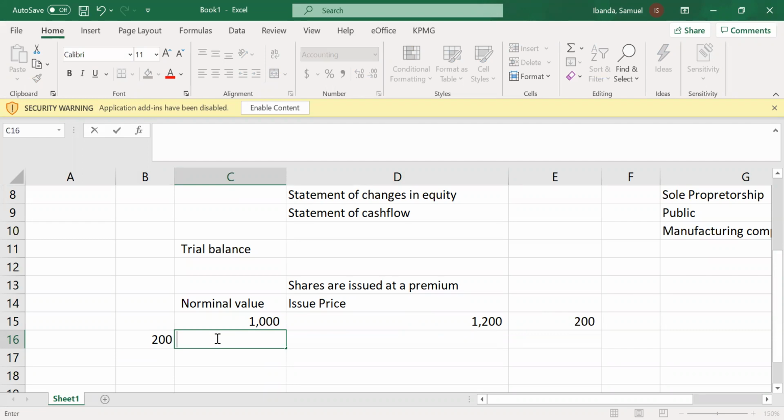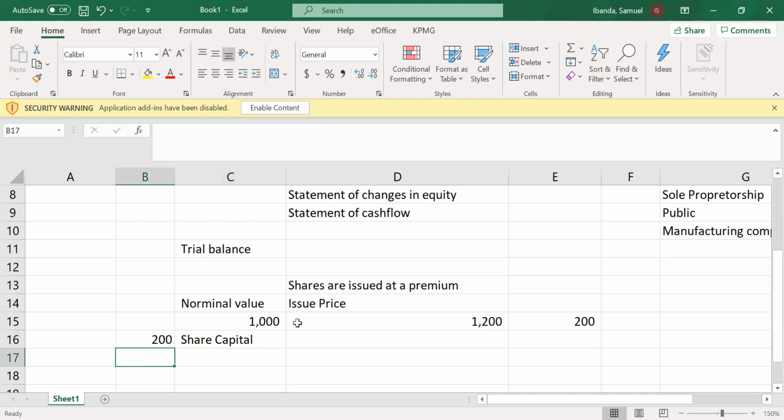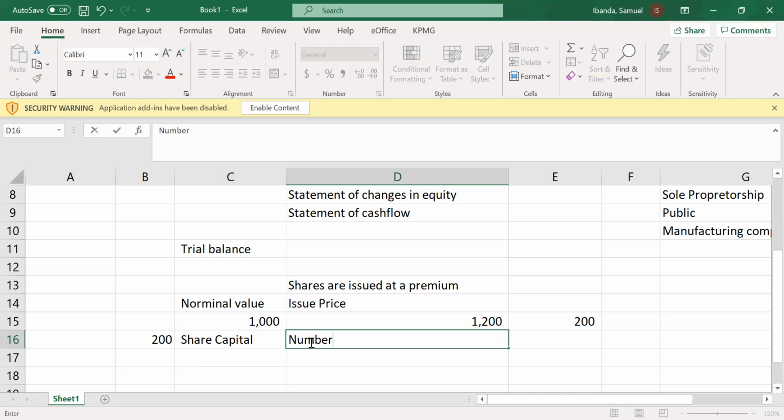Usually when we issue shares, we have to distribute between what is share capital and what is share premium. Your share capital will always be the number of shares multiplied by the nominal value.